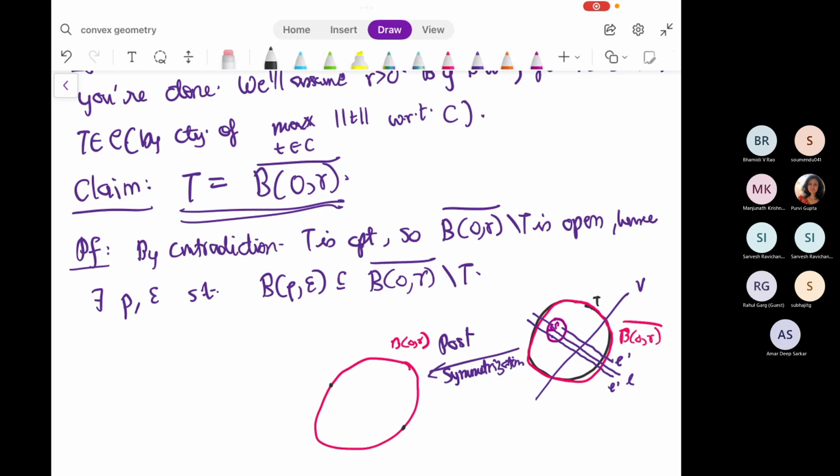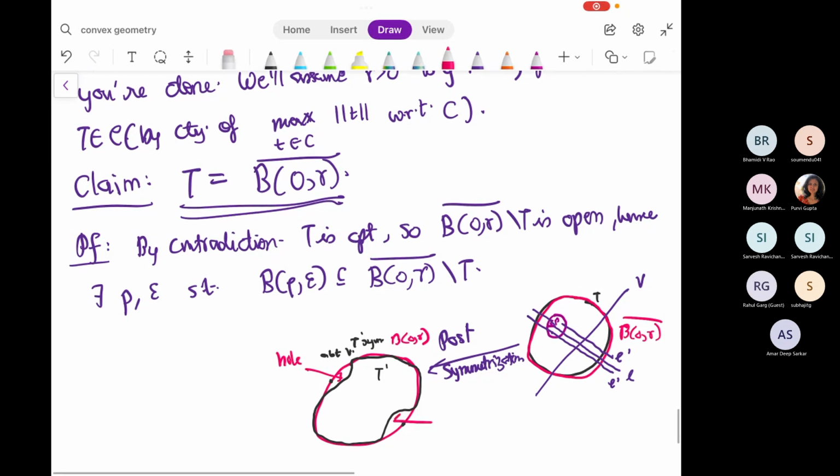So P will kind of look like this. So T symmetrized about V, about P, will look like this. Let's call it T prime. So it will have these holes. You will get these holes in these positions. Hole here, and you'll get a hole here.